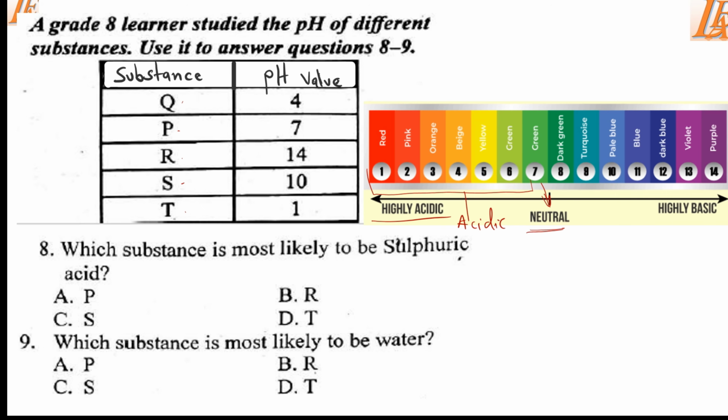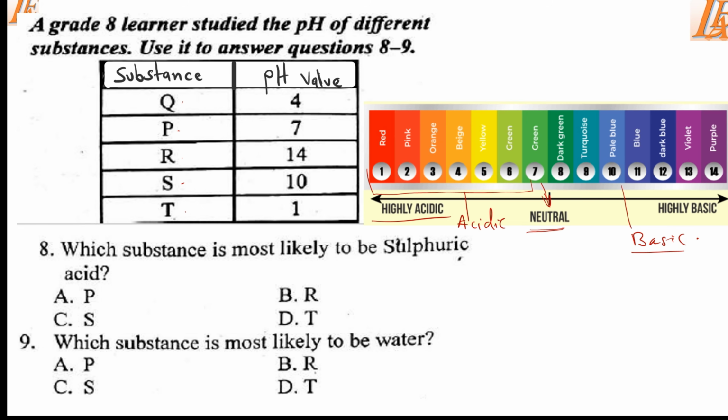Then from 7.1 to 14, the substances are basic. So any pH value above 7, that substance is basic. Any value below 7, that substance is acidic. And any value at 7, that substance is neutral.